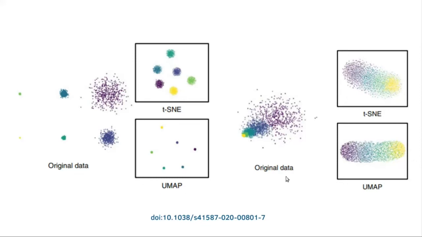This cluster here is really big and spread out, and in the original points you can see that this is not the case. And the same here, these purplish points are really spread out, but they're not that spread out in the original, compared to this yellow point that's supposed to be really small, and here it's not.